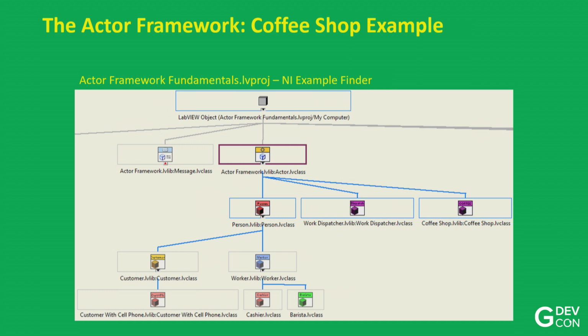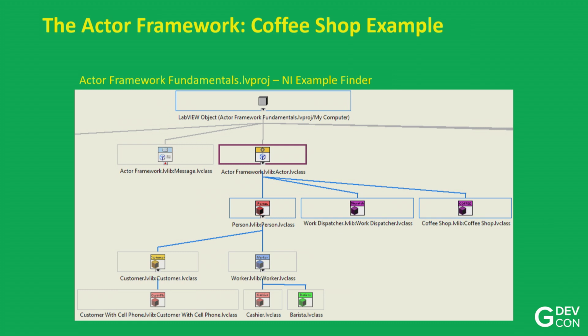And then that coffee shop needs some workers. So we have a worker class here, because there's more than one type of worker. A child class of worker includes a barista and a cashier. They're 2 different jobs, but they both have to work, hence why we call them workers.